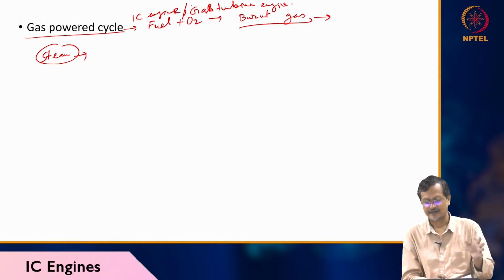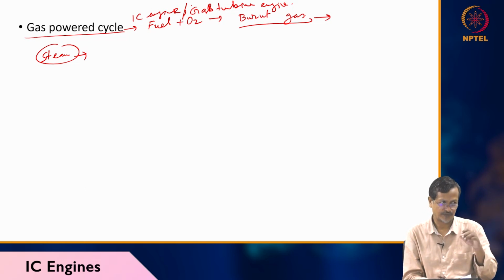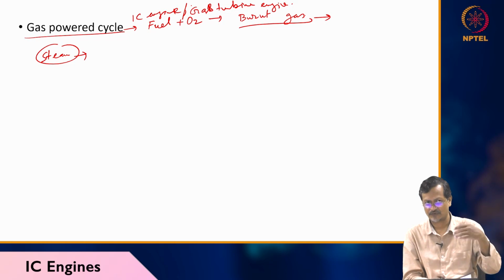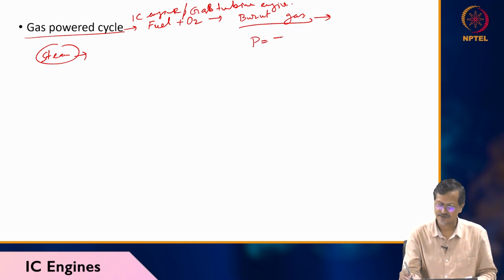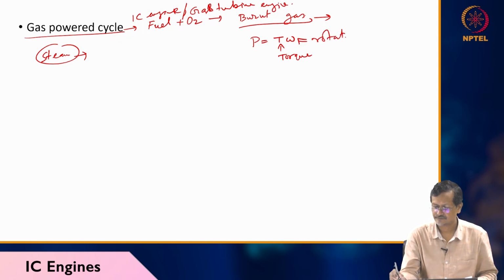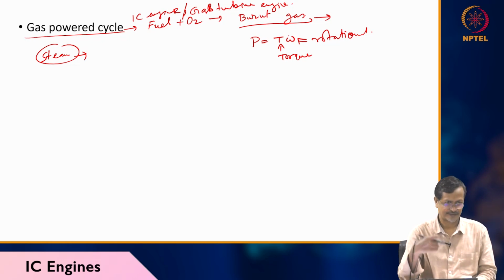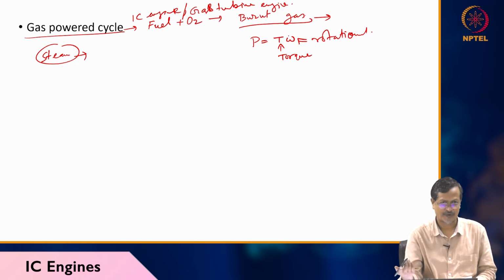Fuel will be burned, hot gas will pass through the turbine and the turbine will rotate, and during rotation it will extract energy from the hot gas and produce torque. Torque means power actually, because power equals T into omega, torque into rotational speed. Whenever I talk about torque with rotation, I am actually talking about power.